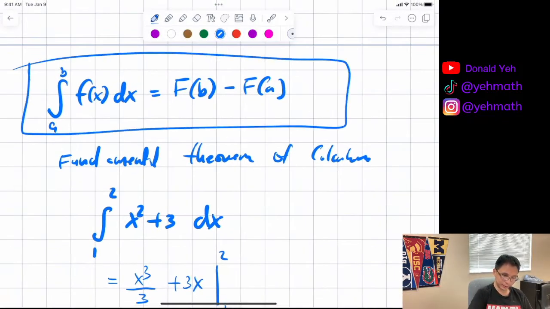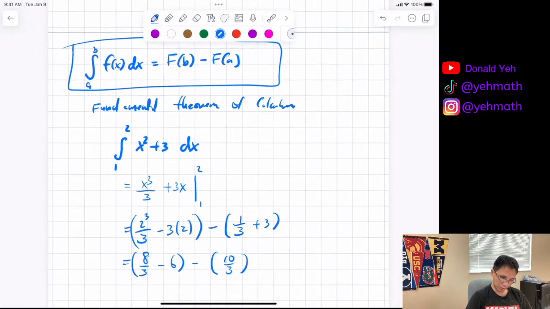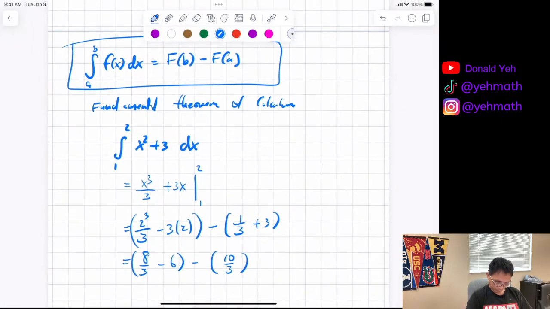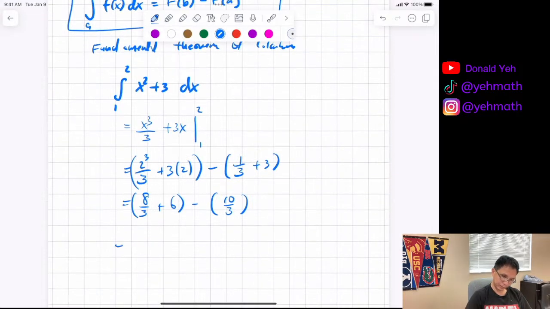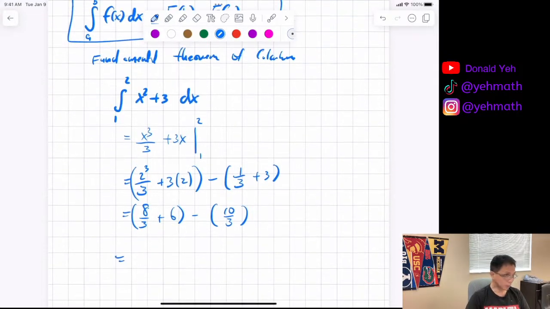Inside the parentheses, 2 cubed over 3 plus, oh, this is plus, you're right. This is plus 3.